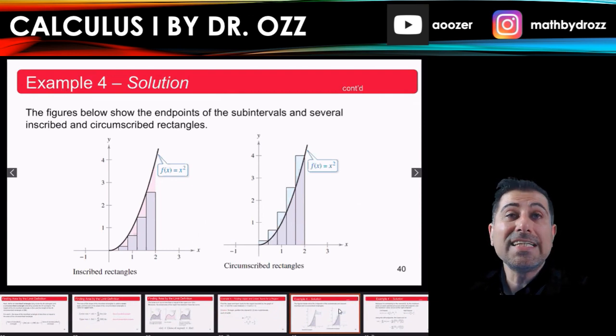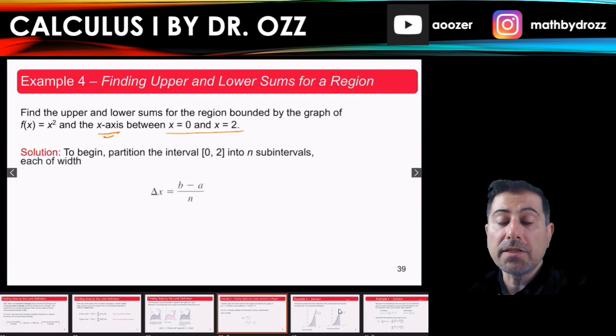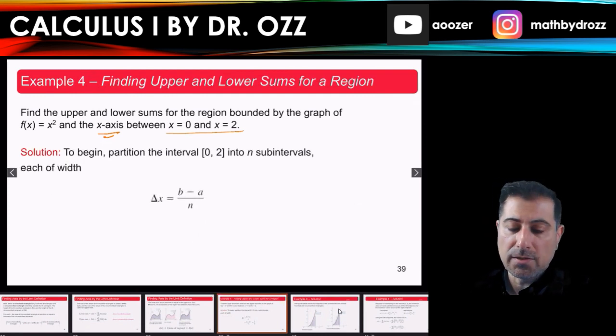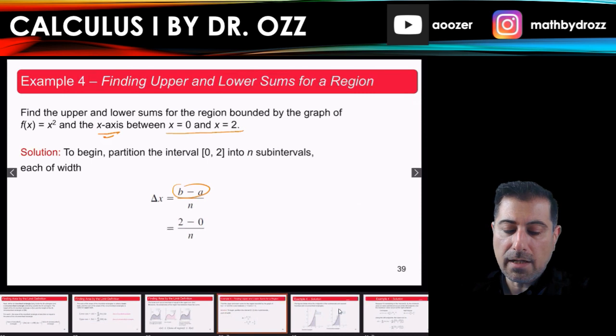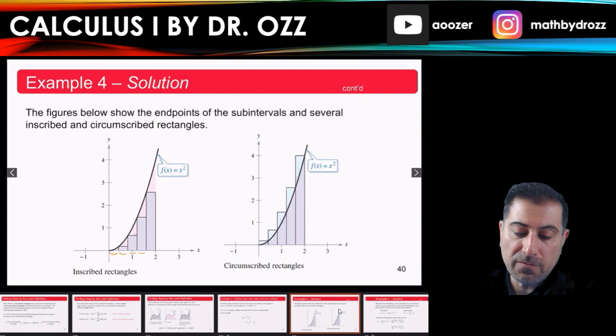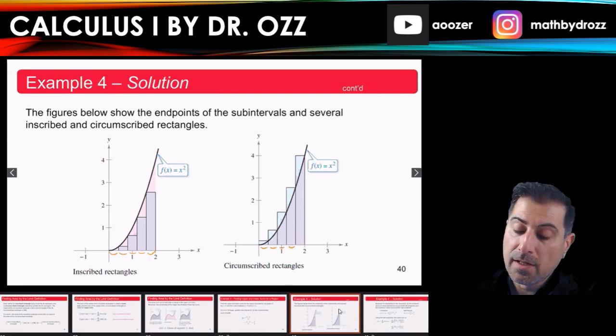So this is sort of like the outlook of the region. But before doing that, let's first try to come up with partitioning the interval 0 to 2 into n subintervals. That's achieved by subtracting the endpoints, so 2 minus 0 divided by n. So as you see, delta x, the length of each subinterval, is going to be 2 over n. Going back to this picture here, in this particular case, I have 1, 2, 3, 4, 5 subintervals, and then here as well, 5 subintervals.